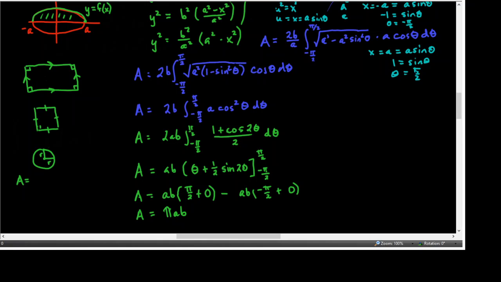Well, we just found that it was pi times a, the x radius, let's say, times b, the y radius, and the area of a circle, therefore, is pi r squared, which is consistent with the area formula for an ellipse, pi times a times b. Now, that's quite the cool thing.